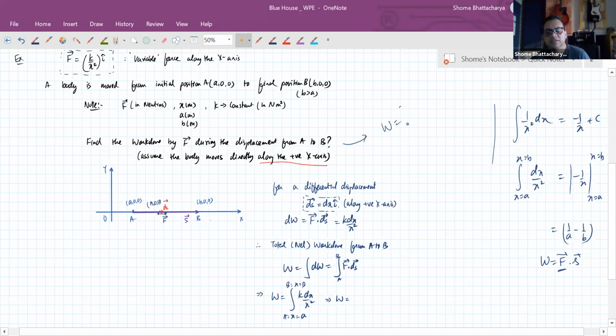It is given by the integration of F dot ds from the initial position to the final position. So here we are replacing F with k by x square i cap, and the differential displacement with dx i cap, and then just solving this integration. So that's what we're doing here.